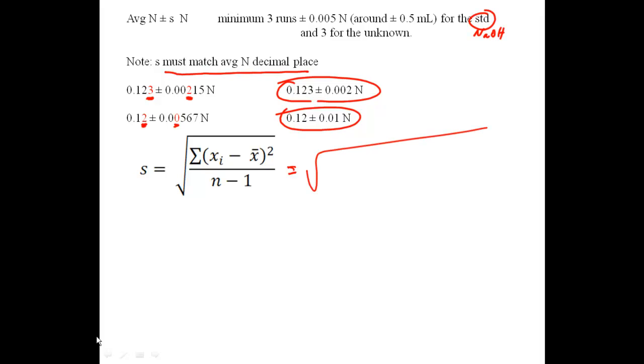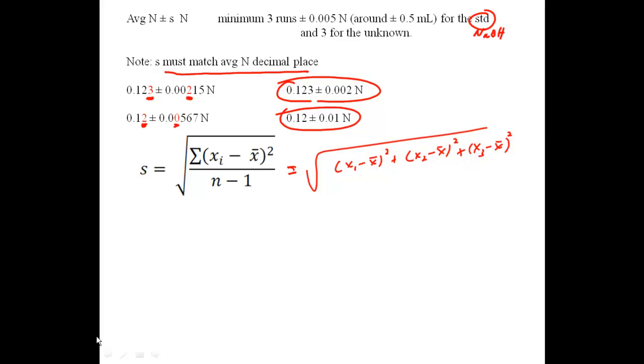So you're taking the square root of your data point 1 minus your average, that is squared, plus your data point 2 minus your average, that's squared, then add your third one, squared.